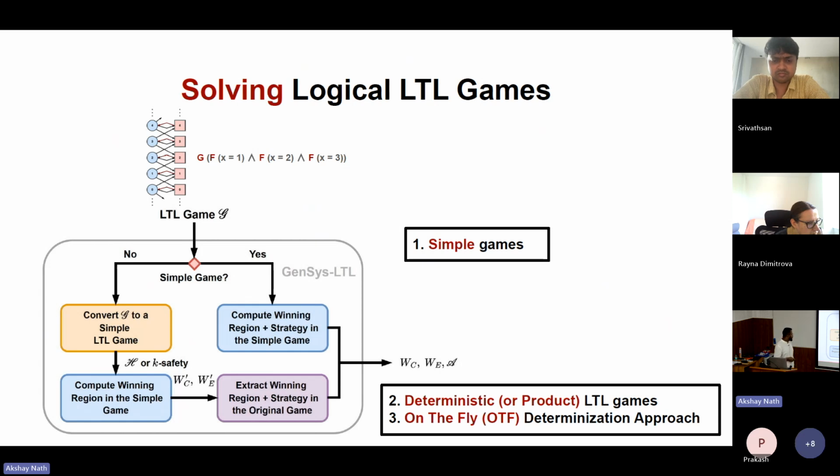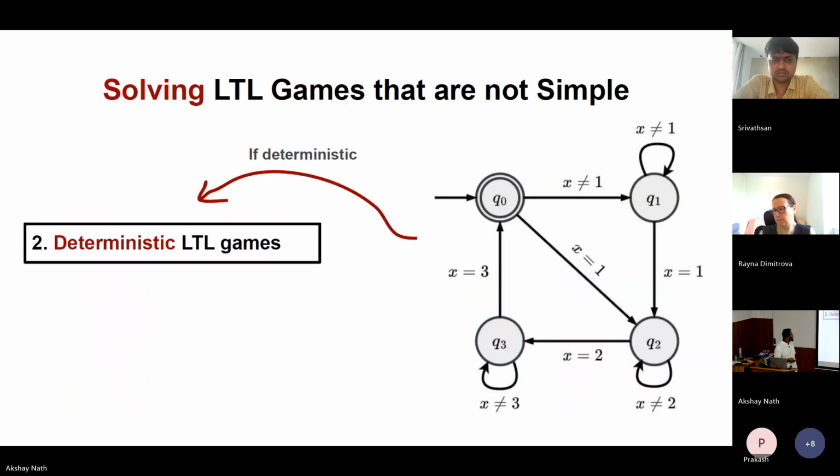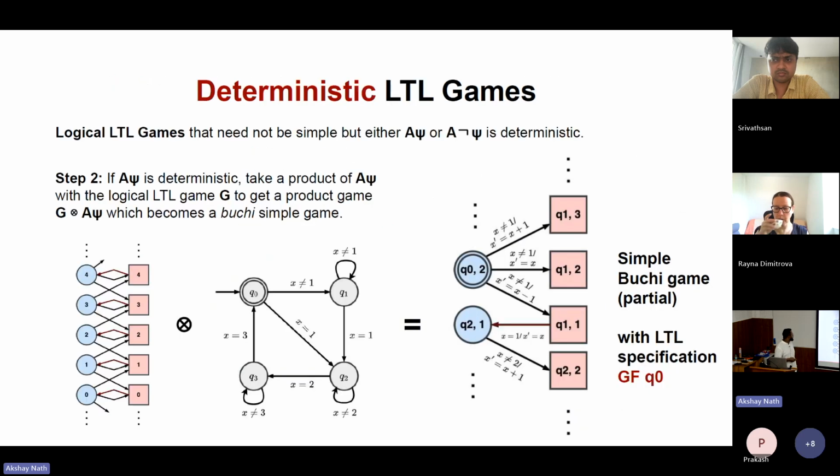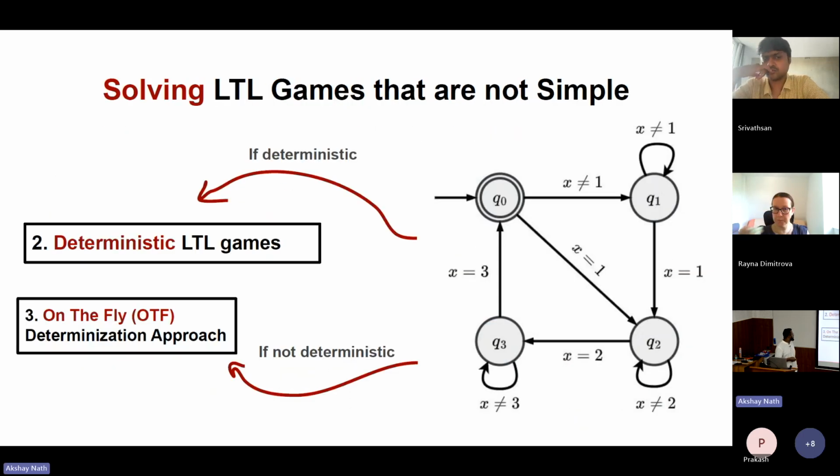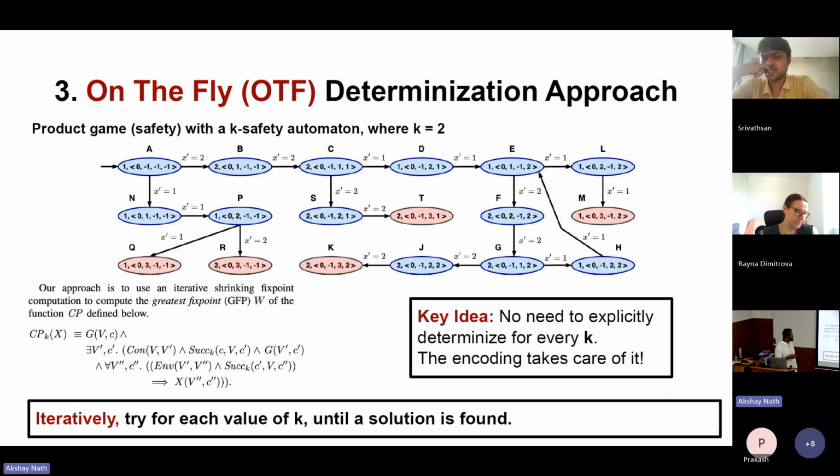And also, of course, we have these quantifier elimination techniques under the hood, which helps us scale. And the on-the-fly determinization approach is also something which is novel in the sense that the bounded synthesis approach was known for the finite state setting. And here, how do you encode them using constraints in the infinite state setting was the key, right?